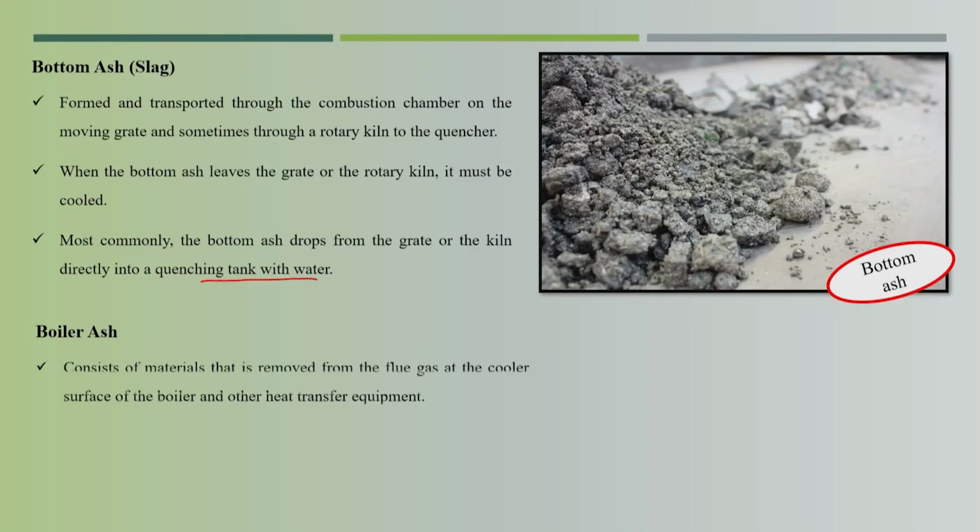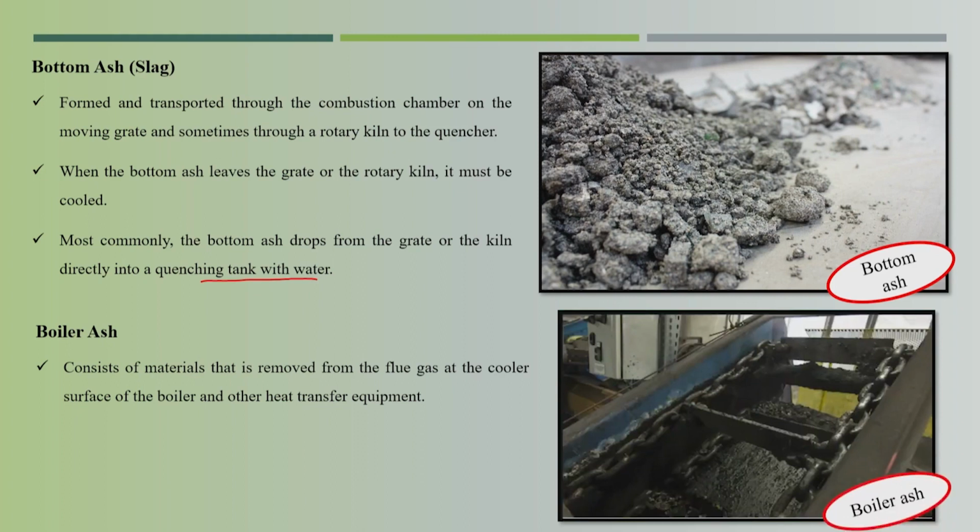Now, next is the boiler ash. Boiler ash consists of material that is removed from the flue gas at the cooler surfaces of the boiler and other heat transfer equipment. You can see here the ash getting produced on the boiler.